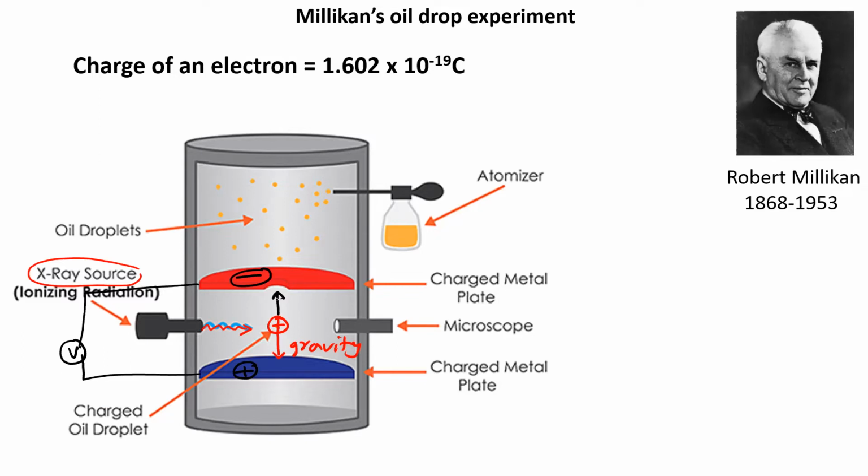So now he adjusts the current until this positively charged oil drop floats in midair, that it stays still because the gravitational force is equal to the electrostatic force. So this is the electrostatic force.